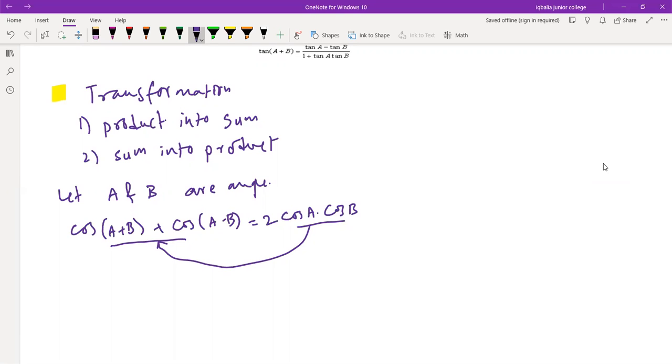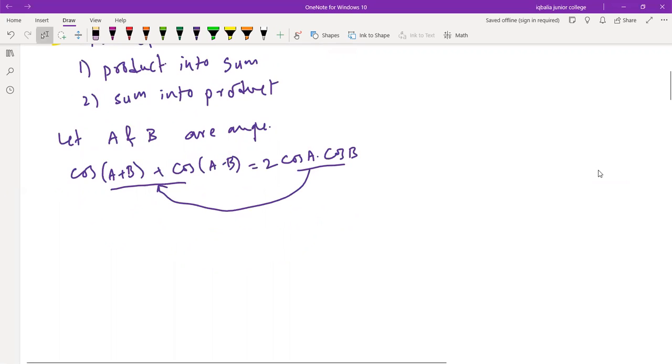Now, how is it coming? Let's see. Just apply the compound angle formula here.